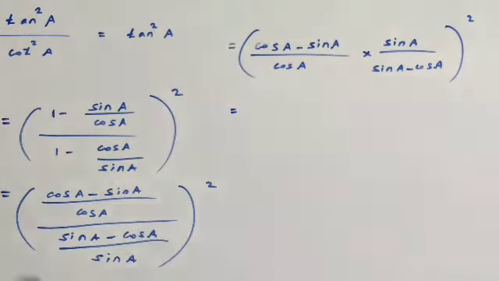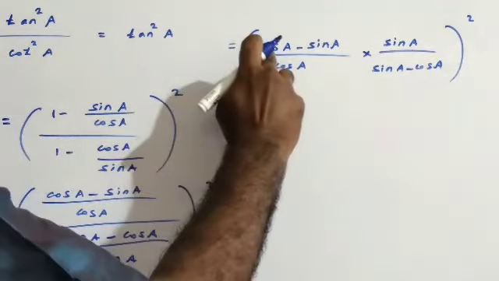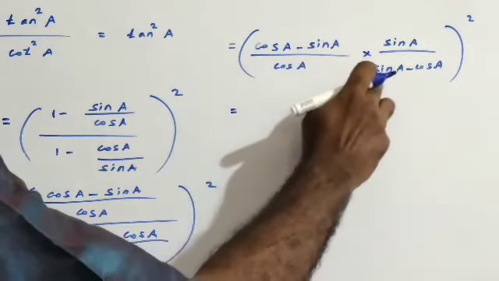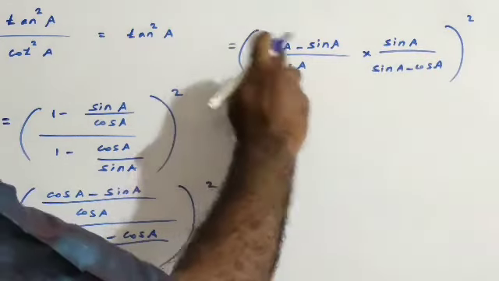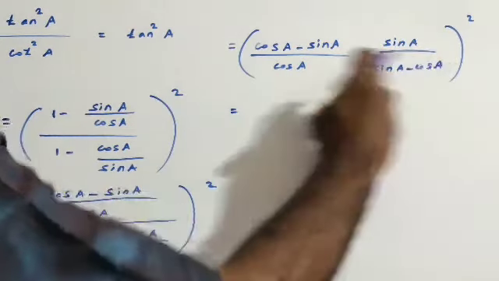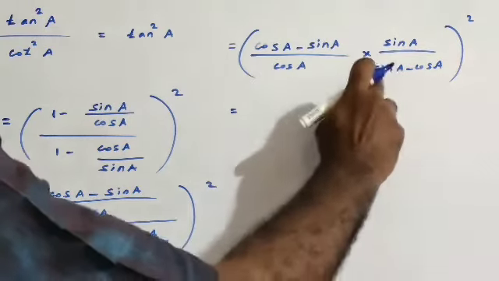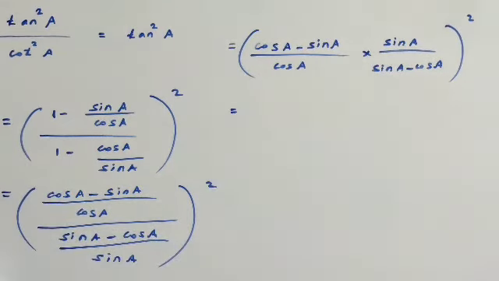Now see the difference here. In the numerator cos A minus sin A, in the denominator sin A minus cos A. Here plus cos A, here minus cos A, here minus sin A, here plus sin A. Only the sign changed.